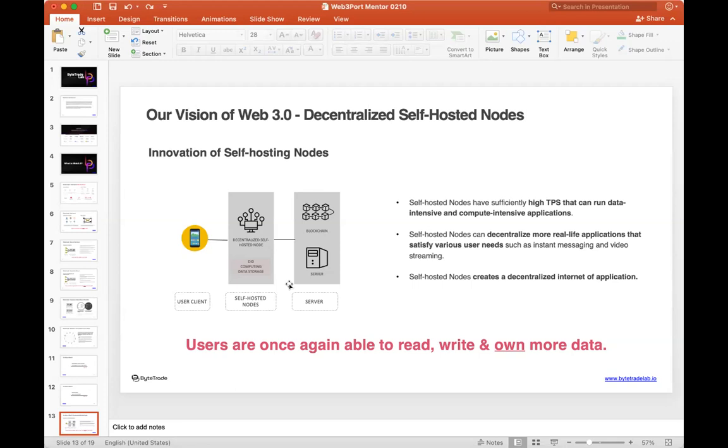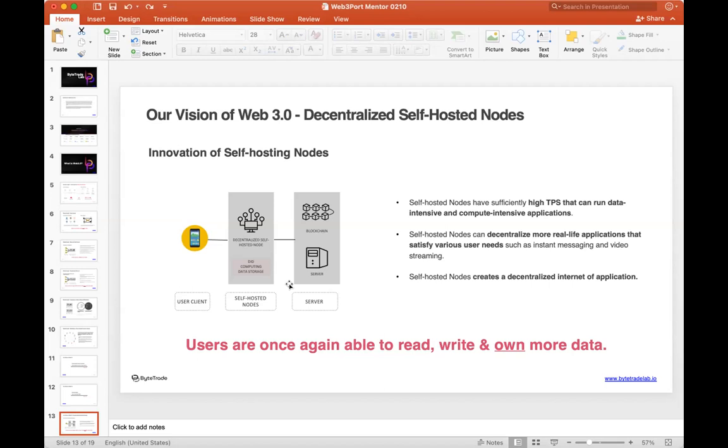It's fully controlled by you, and it has several key elements such as DID, computing capability, and data storage capability, so that when users interact with a blockchain or a centralized server, this self-hosted node is acting on behalf of the user client. This is the concept of self-hosted nodes.